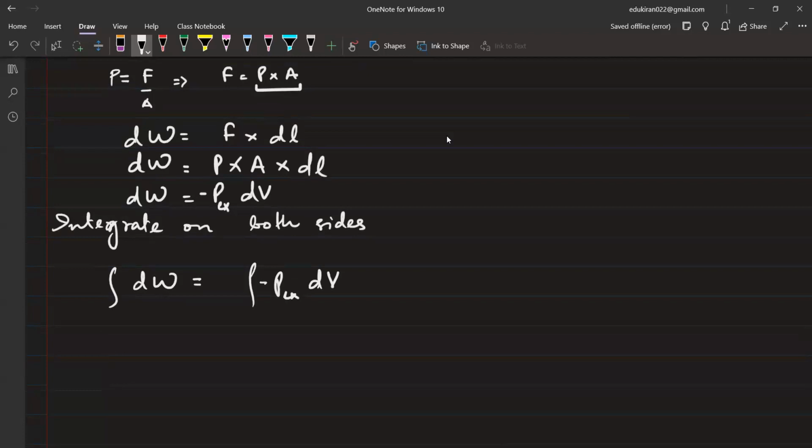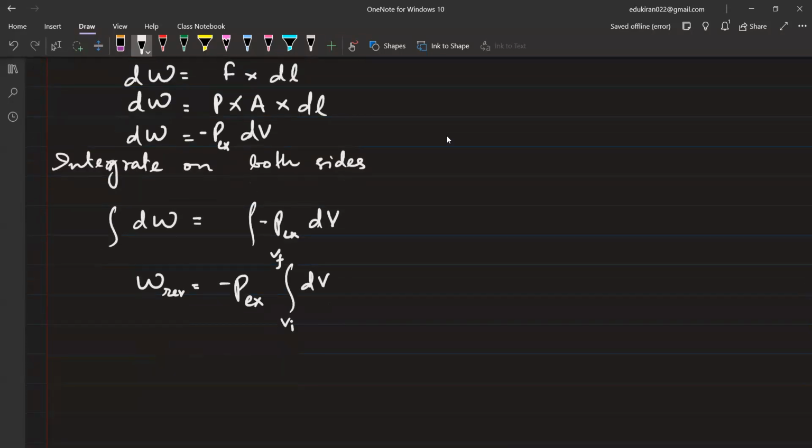Now obviously the integration and differentiation will become work, and we are talking about reversible work, so I will write W reversible is equal to minus P external, which is constant, so it will come out, and we will have integration of dV. Integration of dV from where to where? From V initial to V final.